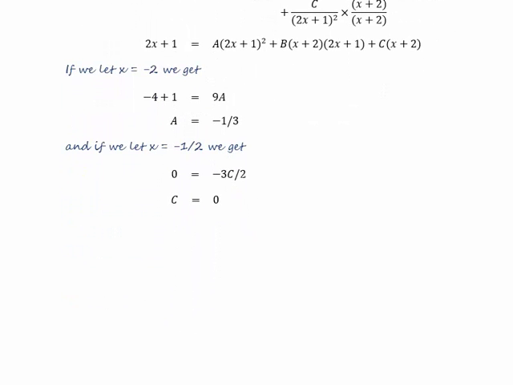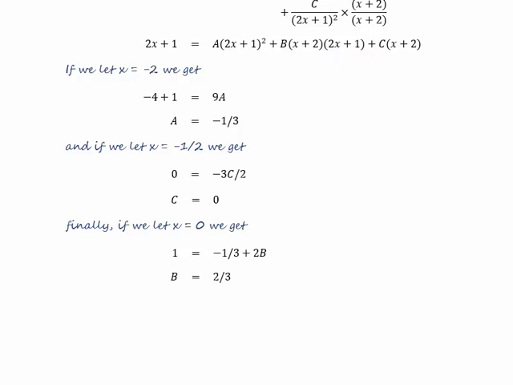And finally, if we let x equal 0, we can now substitute our value for a to get the value of b. 2 times 0 is 0, so we get a 1 on the left hand side, and on the right hand side we get a times 1, and a was minus a third, so we're going to get minus a third, and we will get a 2 times 1, so we've got 2b.